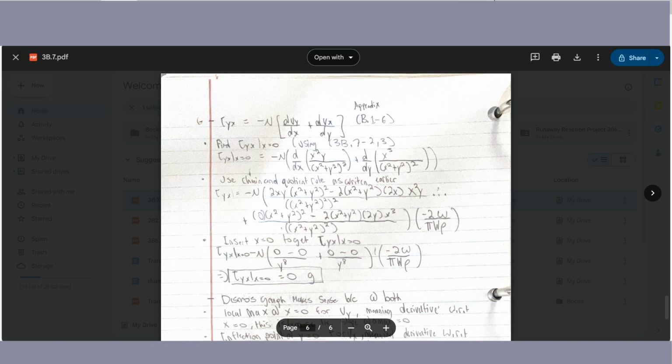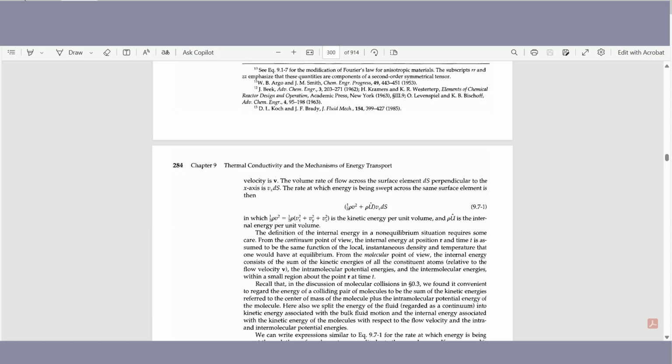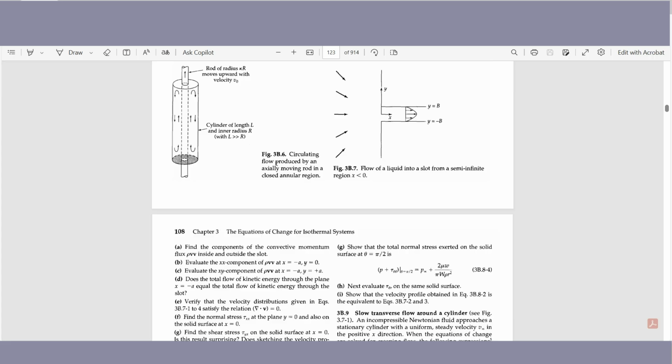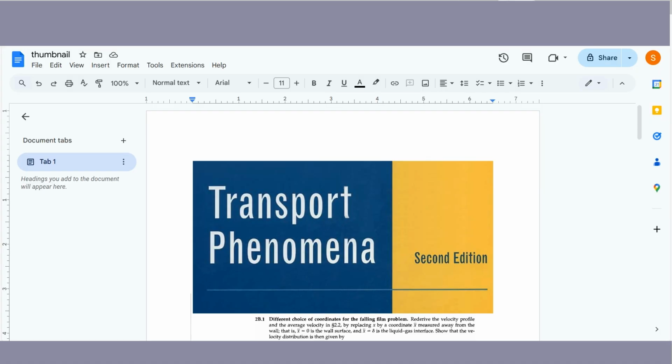This makes sense because if we look at this, the top expression is Vx. This expression is Vx. The problem says sketch velocity profile Vy at some x in a plane y equals a. So does this assist in understanding the results? That's what I did.